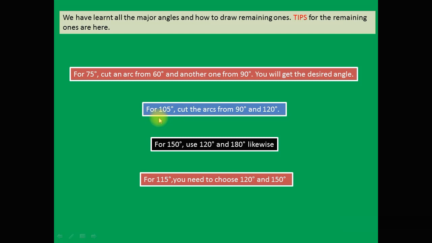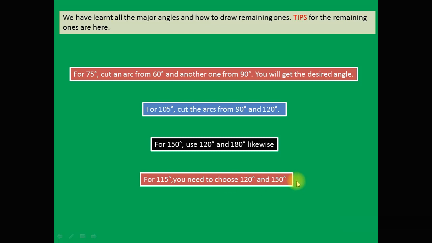And for 105 degree angle, cut the arcs from 90 degree and 120 degree. For 150 degree, use 120 degree and 180 degree likewise. For 115 degree angle, you need to choose 120 degree and 150 degree.